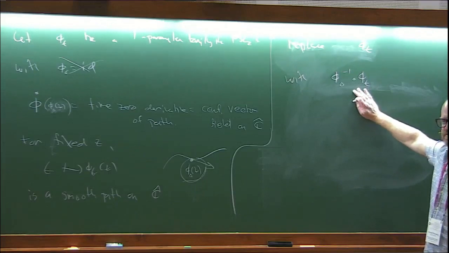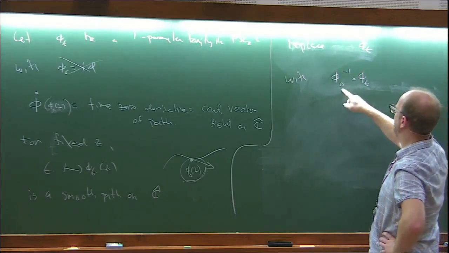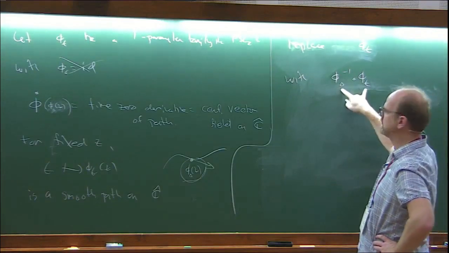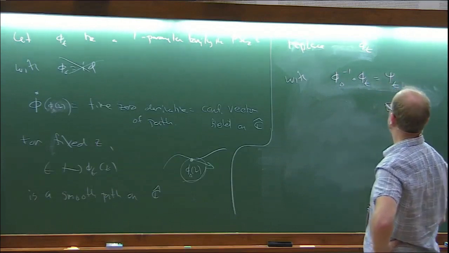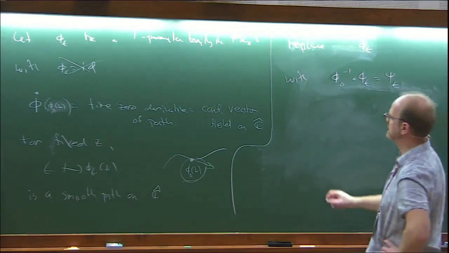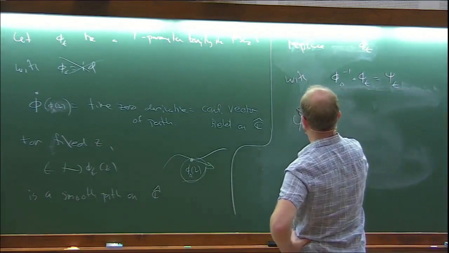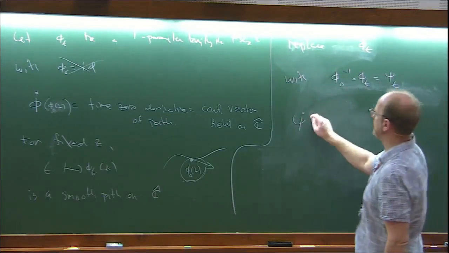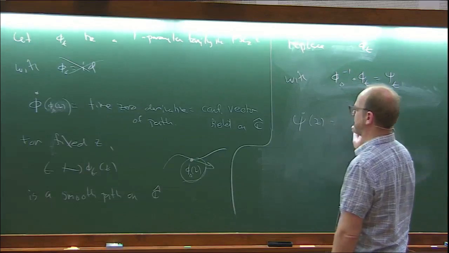So the vector field will be the same when I do this, right? But now I see that at t equals 0, this is the identity. So if, say, I let this be my new path, then I can do the same trick. And now I get a vector field, just like I did before.